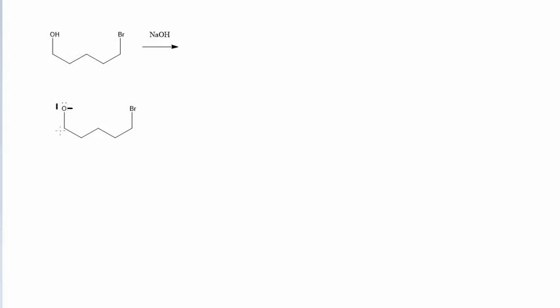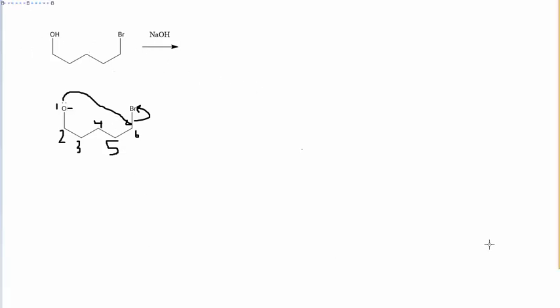Now I'm going to number this 1, 2, 3, 4, 5, 6. It's possible now that this has been made nucleophilic, this could attack this carbon and do what's called an intramolecular Sn2 reaction at this location, which will generate this.